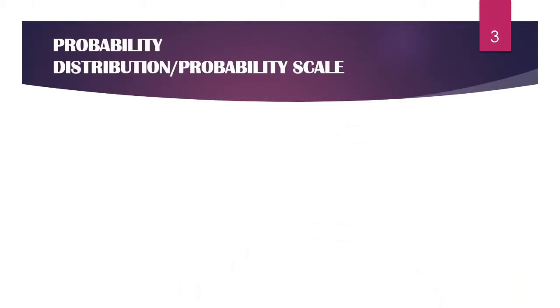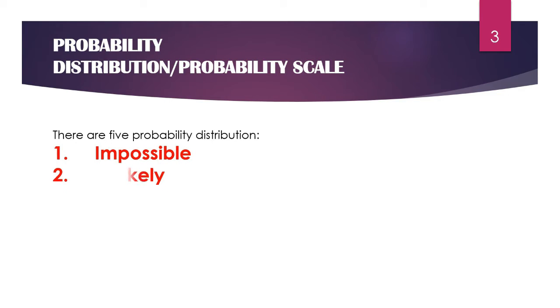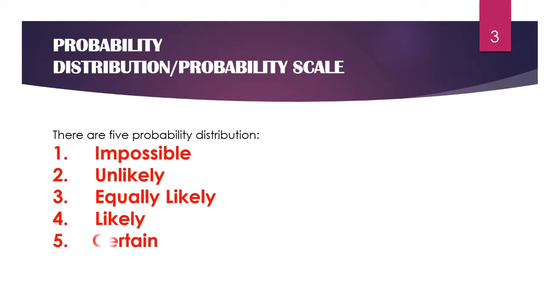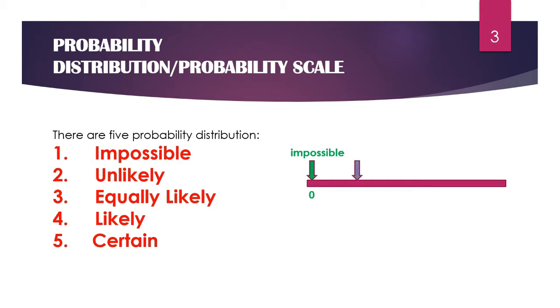Okay, first, we are going to talk about the probability distribution or probability scale. 1 impossible, 2 unlikely, 3 equally likely, 4 likely, and number 5 is certain. Look at the diagram. The green bar: when our probability is 0, we call it impossible.